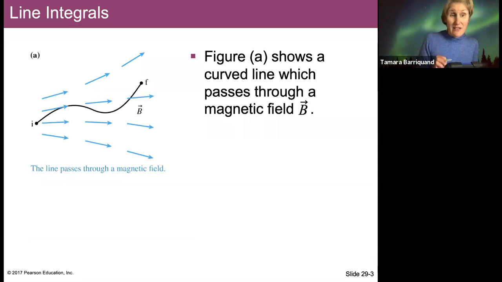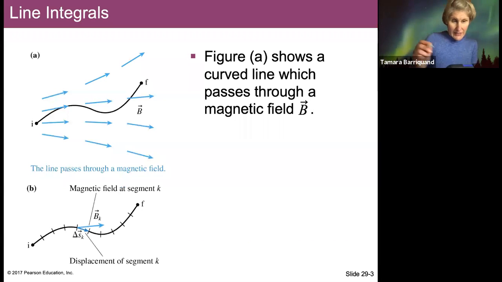Now we see the same curved line, and it's passing through a magnetic field B, where the blue lines are vectors indicating the direction and strength of the magnetic field B. Now we can again break our line up into little tiny pieces, delta S, where these are little vectors delta S, the displacement over that little piece along the line.